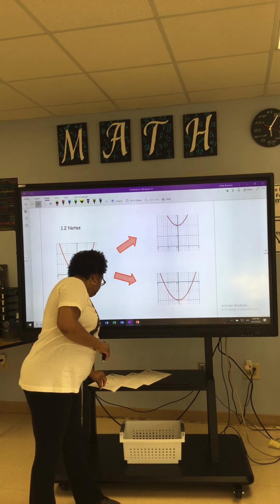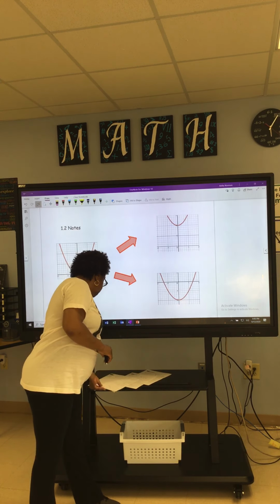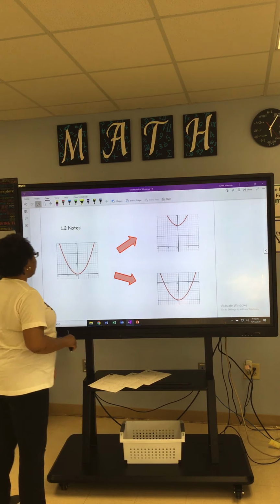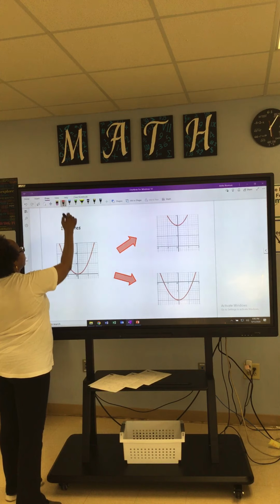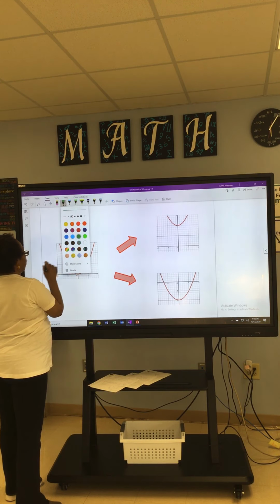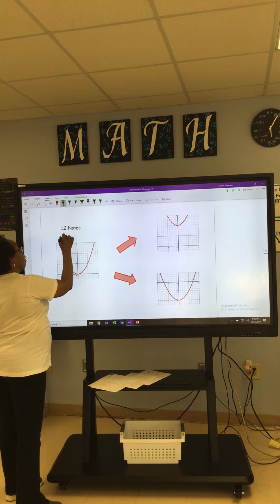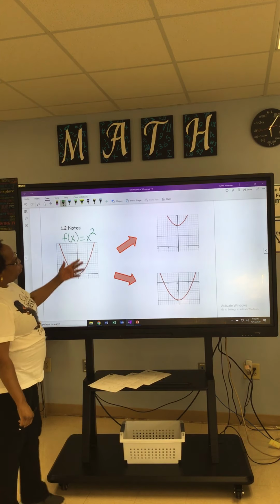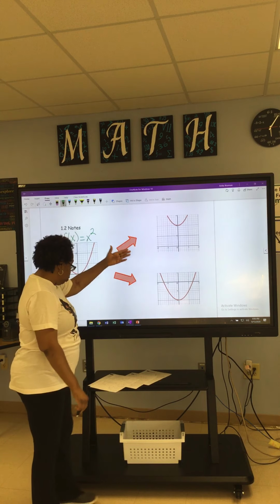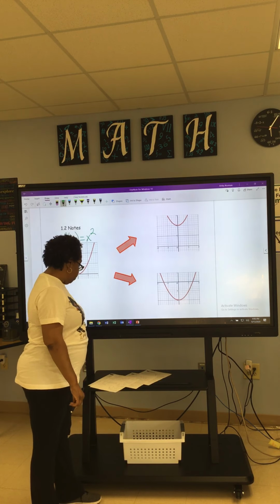That's something we haven't seen before, so let's take a look at what's going on there. Again, we have our parent function. This is f of x equals x squared. So, what would cause the function to shift upward?